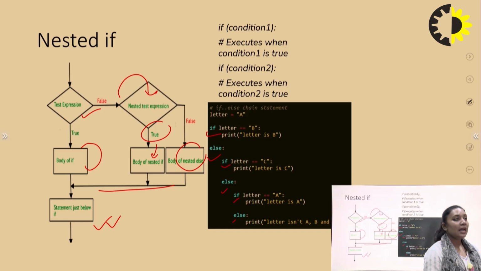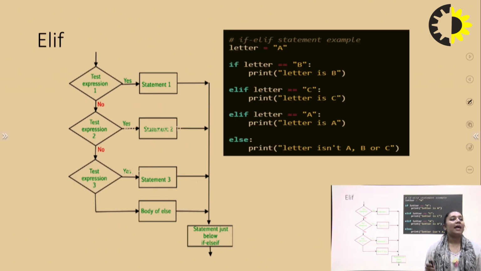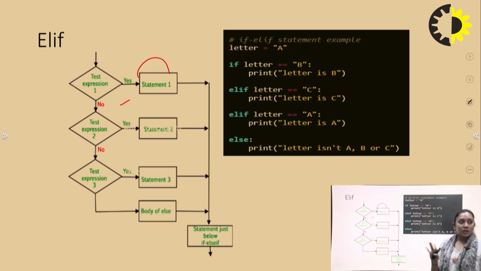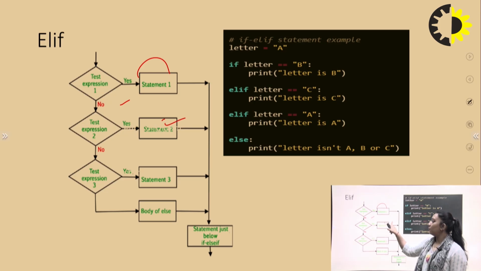So this is the if condition, else condition and nested if condition, right? Next we have the elif condition. In the elif condition we can have numerous conditions using the elif keyword. If the first expression is correct, it executes that statement, and if not, it executes the second statement.